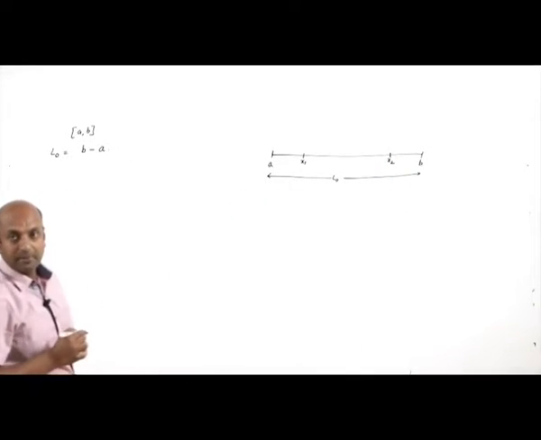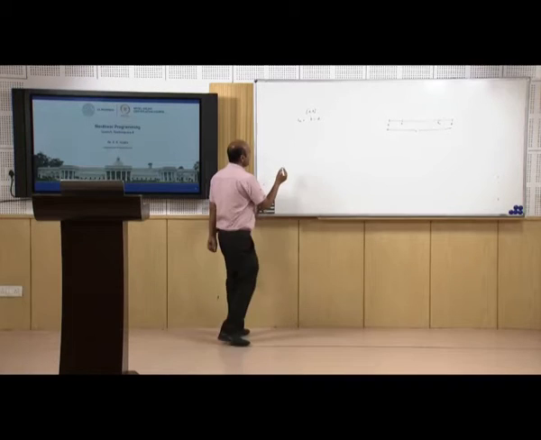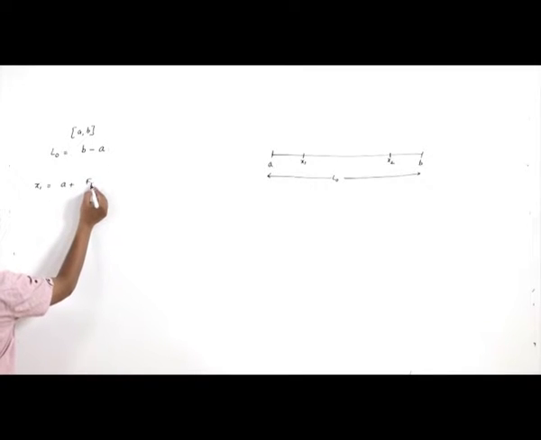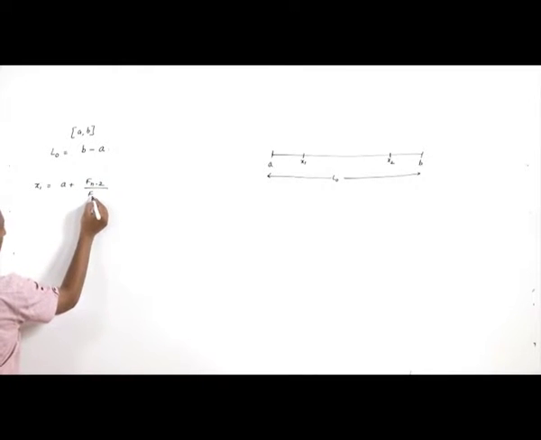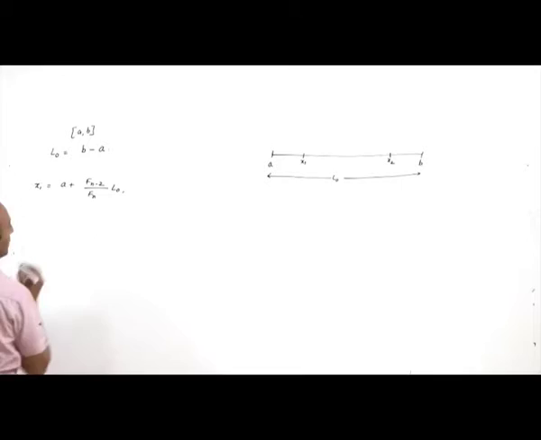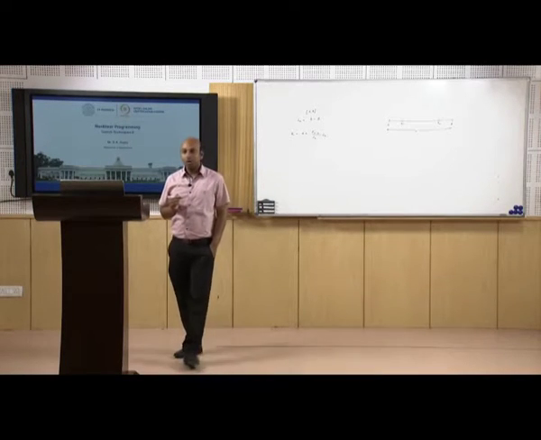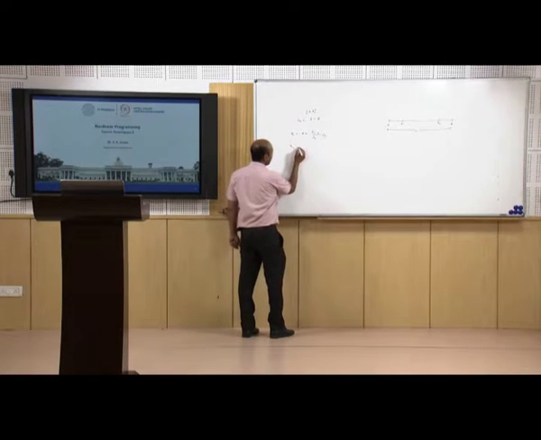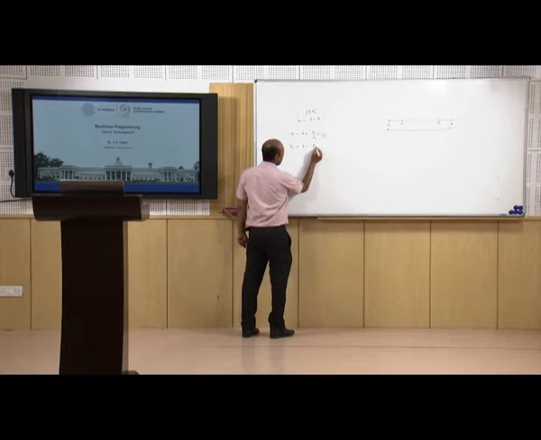We find the two experiments x1 and x2 such that x1 is equal to a plus Fn minus 2 upon Fn into L naught. This is how we find x1, the first experiment, and the second experiment x2 is simply b minus Fn minus 2 upon Fn into L naught.